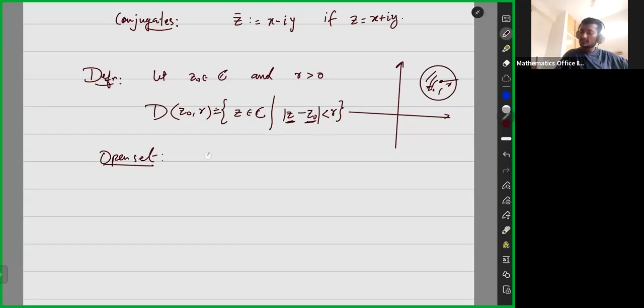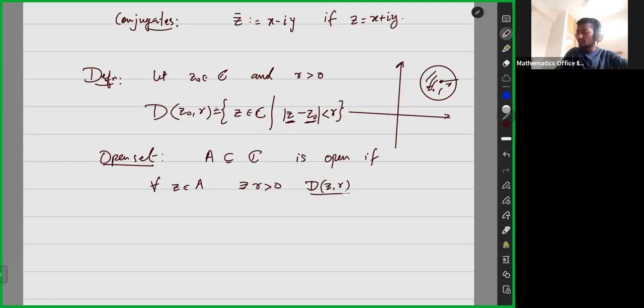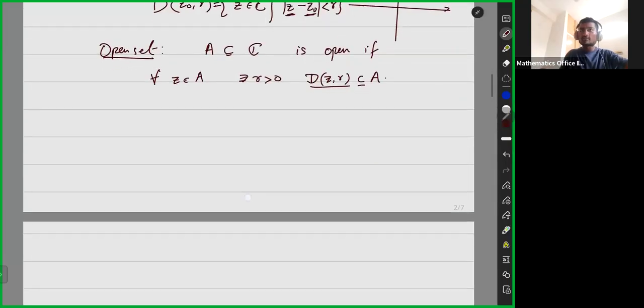Open sets are basically, let's say, a subset A of C. We say it is open if for every z belonging to A, there exists r positive such that D(z, r), the ball around z, is also contained in A. We'll focus on problems because we have 2 hours, so we'll quickly finish this in 5 or 10 minutes. And closed sets are basically complements of open sets.